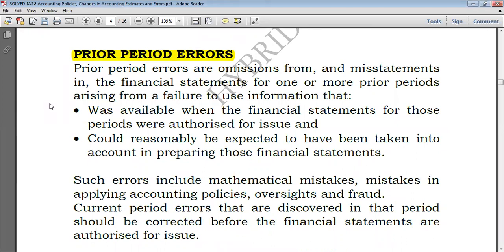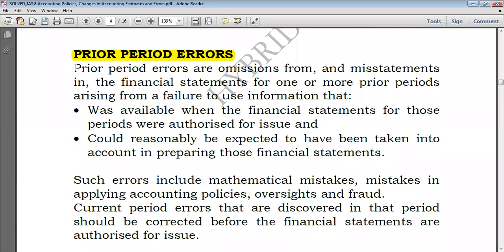So when speaking of prior period errors, let's say it comes to our attention today that there was an error in the previous periods. Let's say an accountant was receiving monies from customers, but instead of writing off the trade receivables and recognizing the cash amount, the accountant was just leaving trade receivables as they are, and he was just misappropriating such funds.